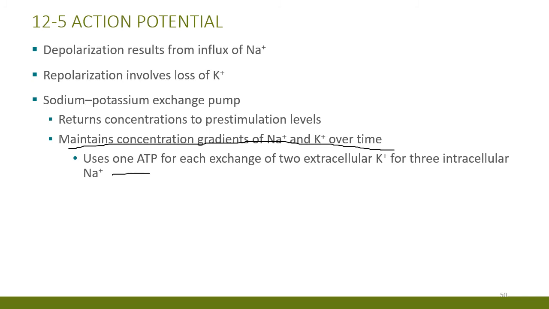It uses 1 ATP for an exchange of 2 extracellular potassium ions for 3 intracellular sodium ions. So every time you use 1 ATP, that's 1 cycle of the sodium-potassium pump.